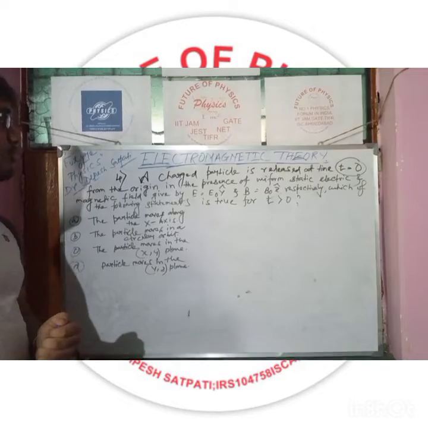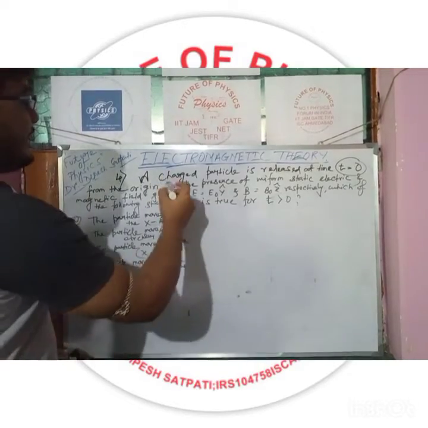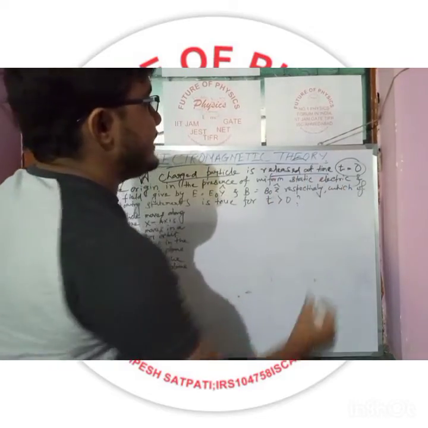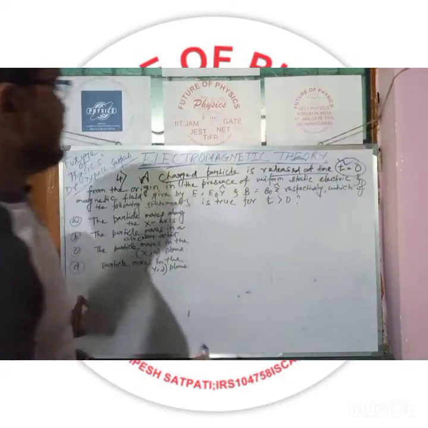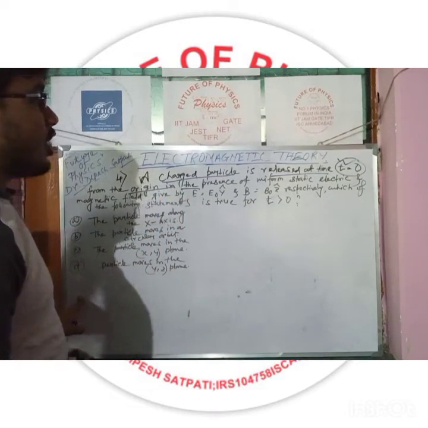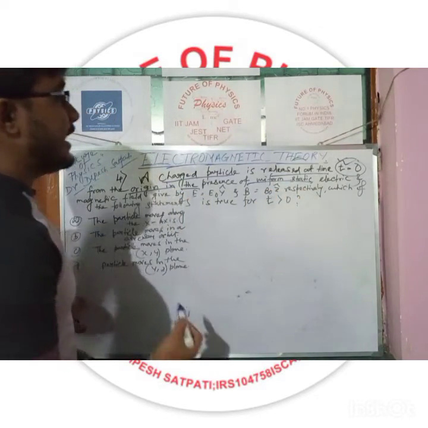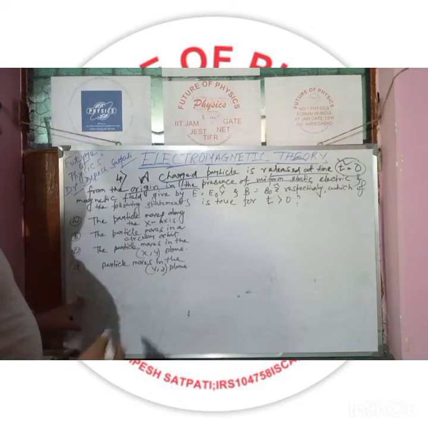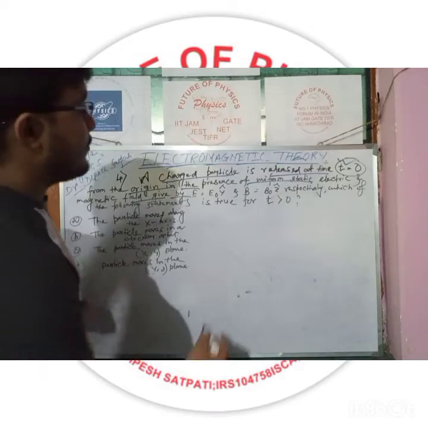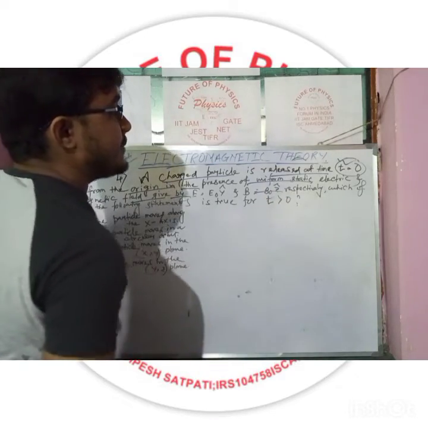Now the fourth question. A charged particle is released at time t equal to 0 from the origin in the presence of uniform static electric and magnetic fields given by E equal to E0 y cap and B equal to B0 z cap respectively.